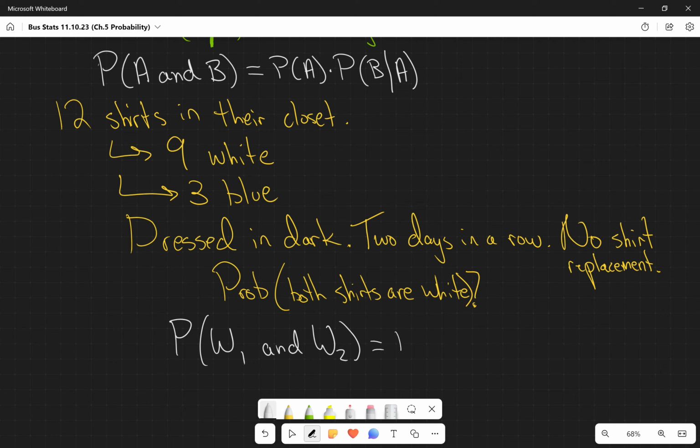This is going to be equal to the probability of getting a white shirt on that first day, because the first day's choice doesn't have anything to do with the day before. That's the definition of the first day. But when we're looking at the next day, depending on whether or not they picked a white shirt the first day, there's going to be a different amount of white and blue shirts in the closet. So when we're looking at the second day, we have to look at the probability of W2 given W1.